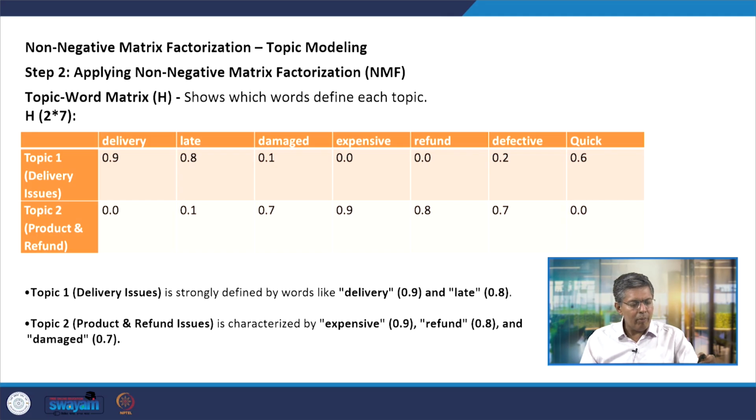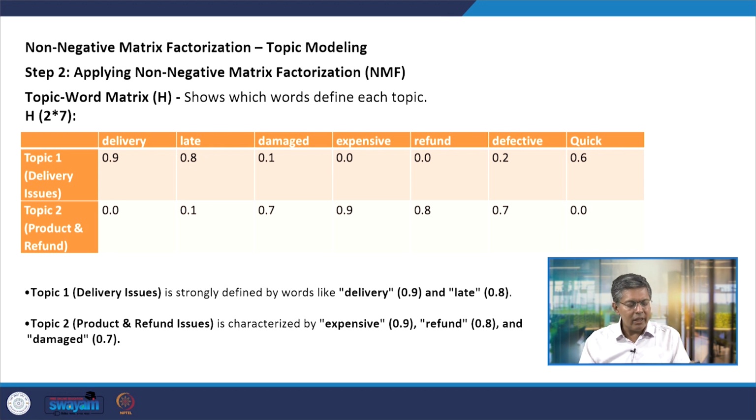In topic 1, delivery is 0.9, late 0.8, damaged 0.1 and it goes on, and quick is 0.6 for example. Similarly, in topic 2, product and refund, delivery is almost not an issue, late is 0.1, damaged is 0.7, expensive is 0.9, refund is 0.8, defective is 0.7.